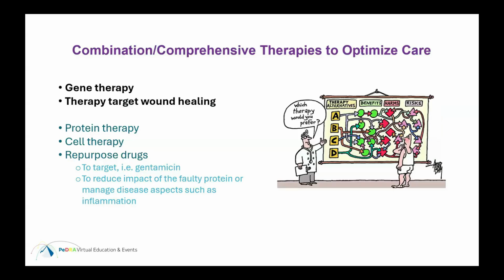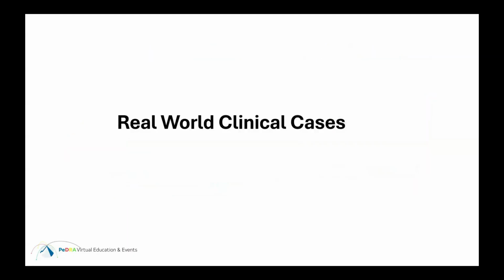There are also drugs to be repurposed to target a certain type of genetic variant, such as gentamicin, also in clinical trial, as many of you may have noticed on the clinicaltrials.gov website. And other drugs that can perhaps help to address the itch and pain and skin inflammation, such as biologics that were initially developed for other inflammatory skin diseases, such as atopic dermatitis and psoriasis.